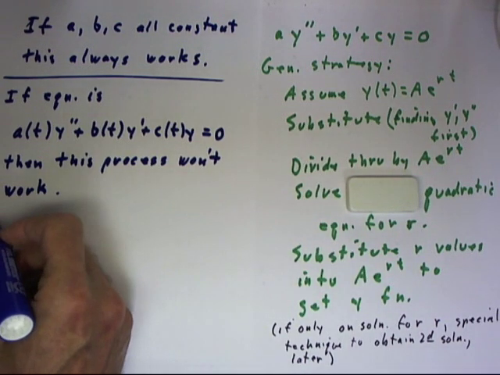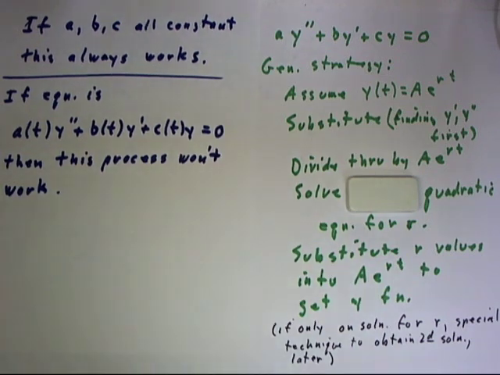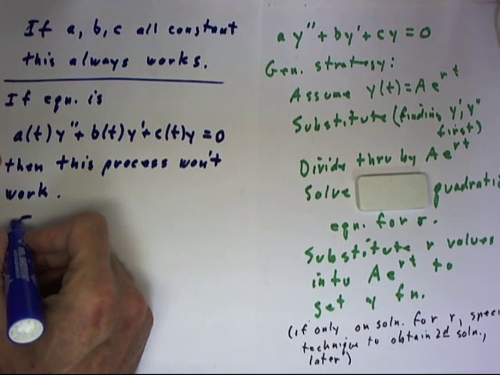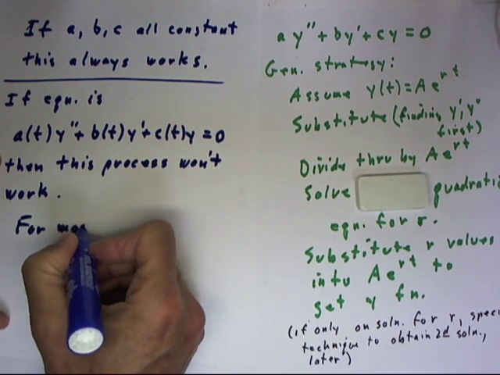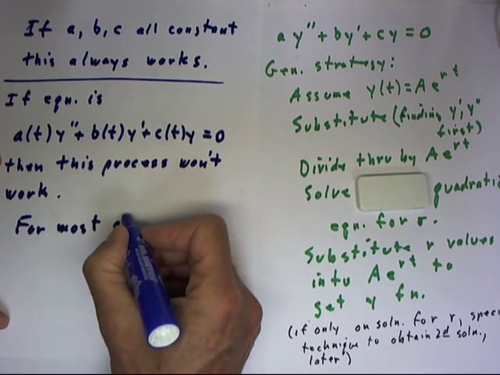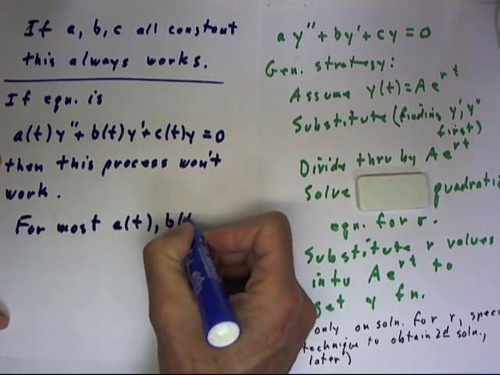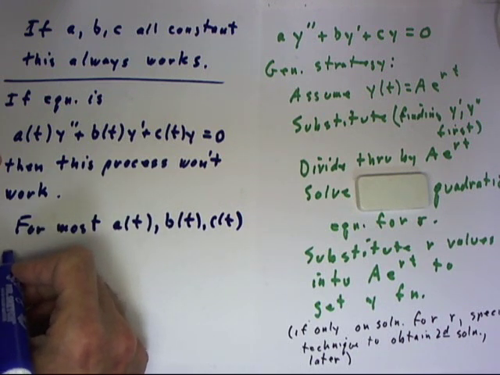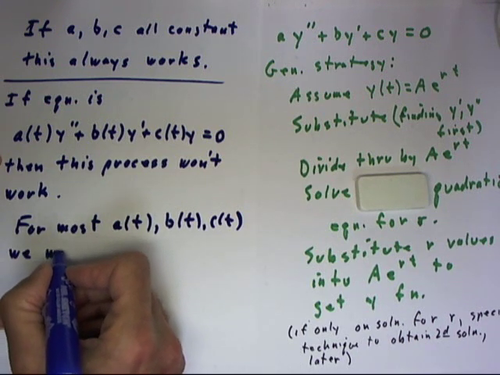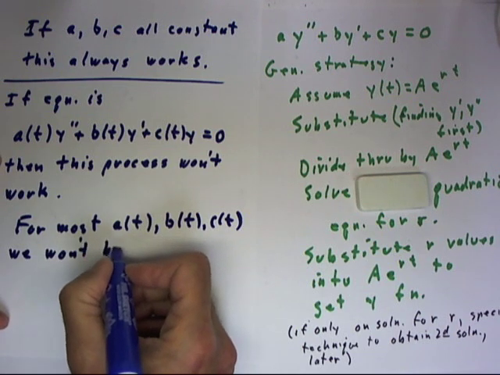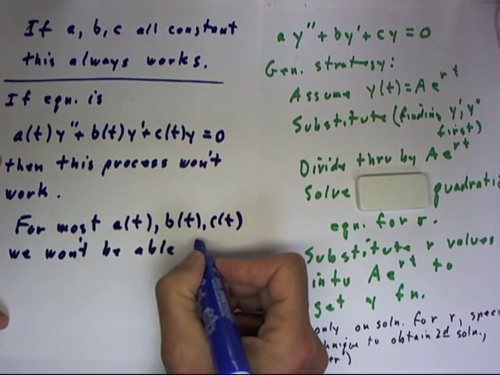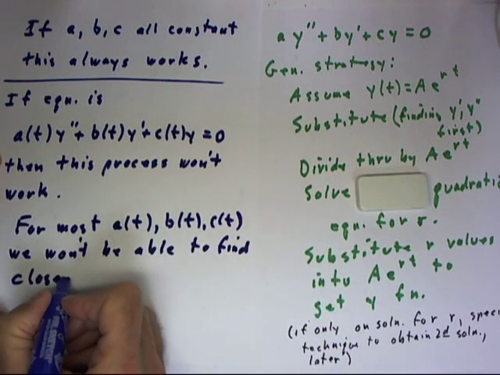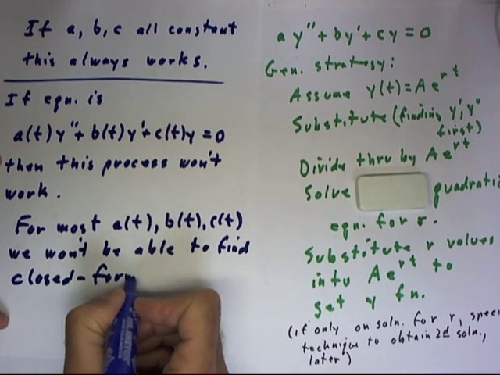And we can also say that for most functions a of t, b of t, c of t, we won't be able to find a closed form solution.